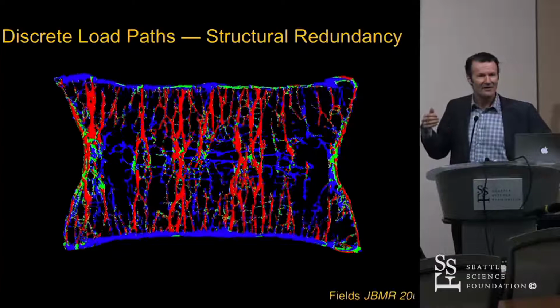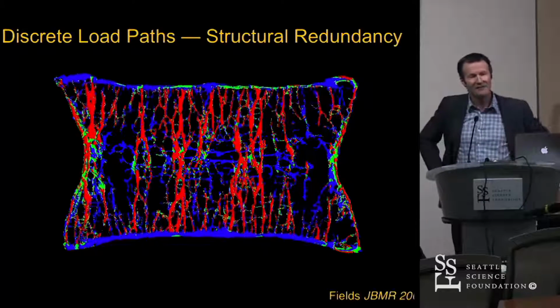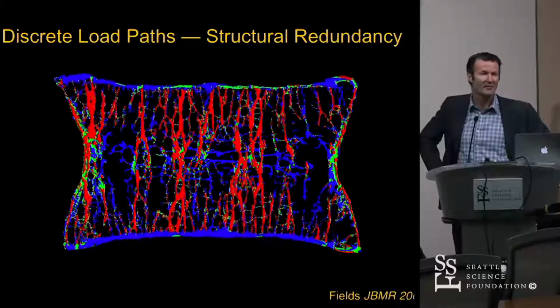Then if any part of the remaining bone fails, the whole bone collapses because there's no structural redundancy left anymore. So the bottom line is that bone strength is not all about just how much bone you have. Especially when you get towards the osteoporotic vertebra, you need to consider more about the biomechanics.